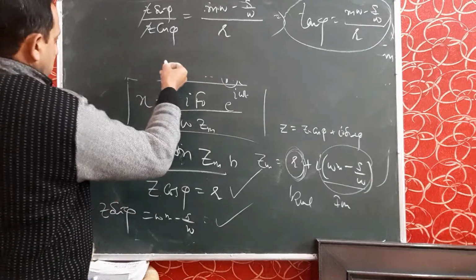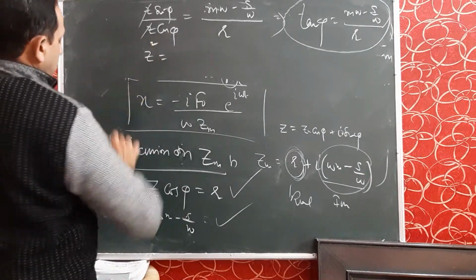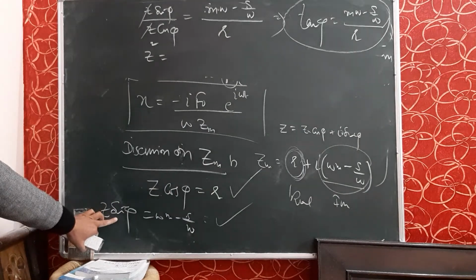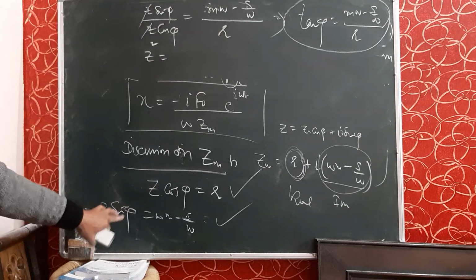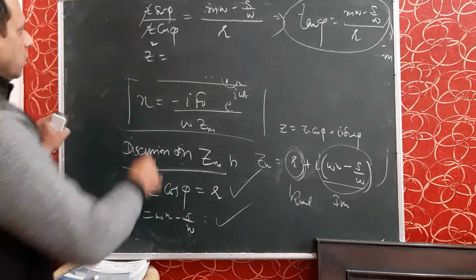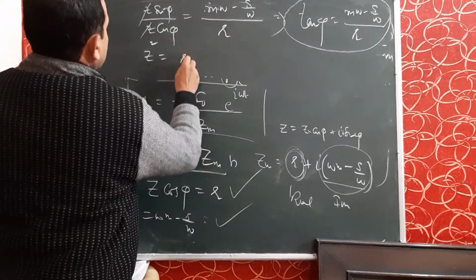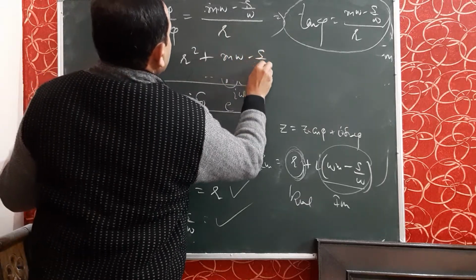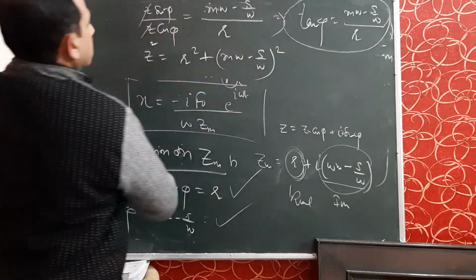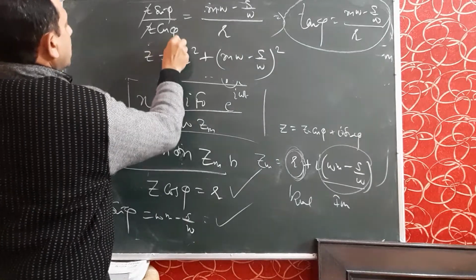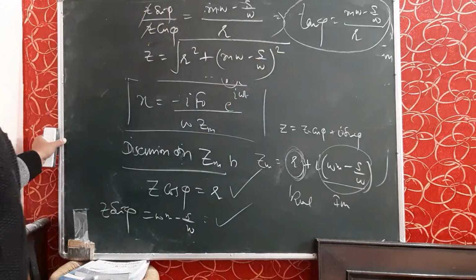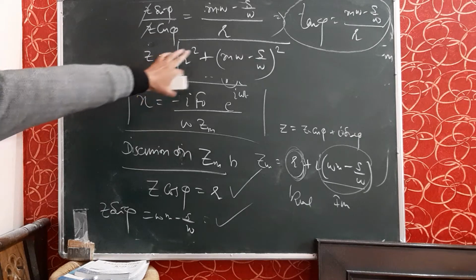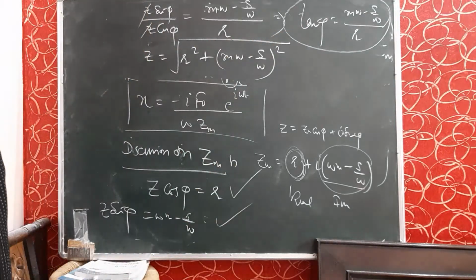We will get Z square, because Z square cos square phi plus Z square sin square phi, I am squaring the left hand side and adding. We will get Z square equal to R square plus m omega minus s by omega whole square. And finally Z will become this. So this is the value of Z and this is the value of tan phi.